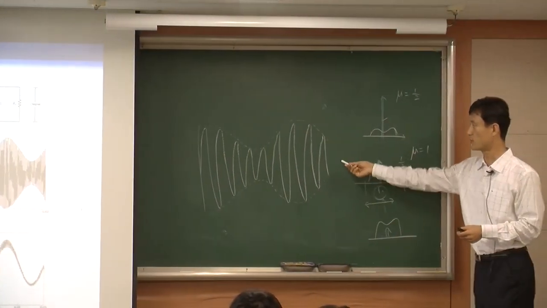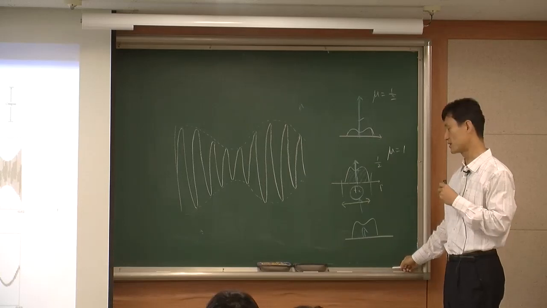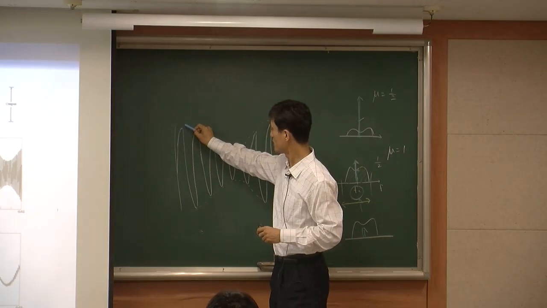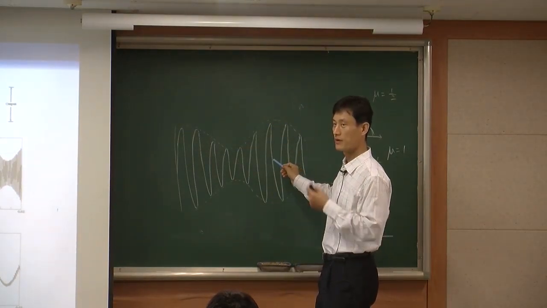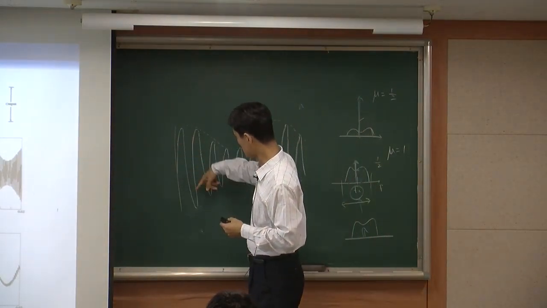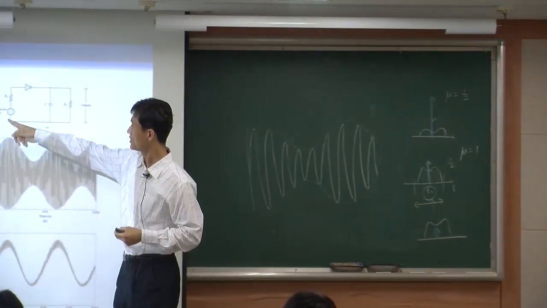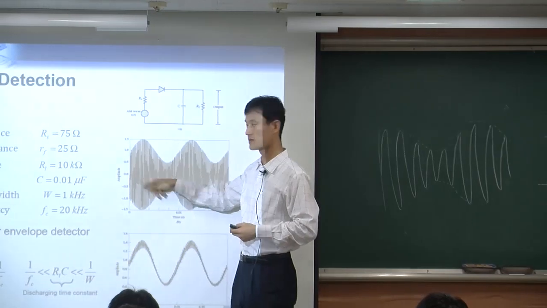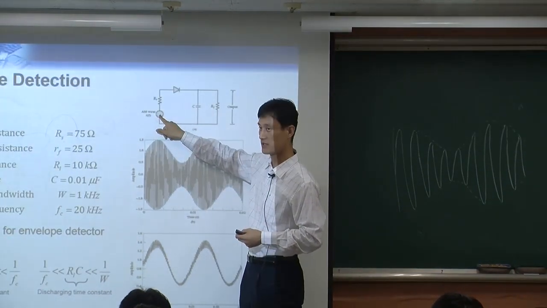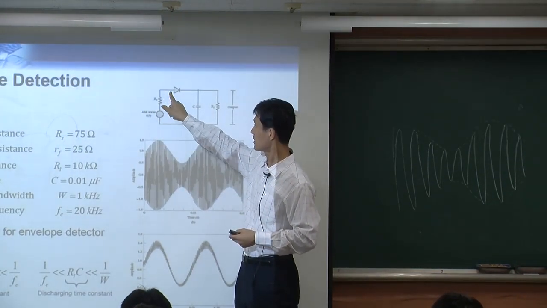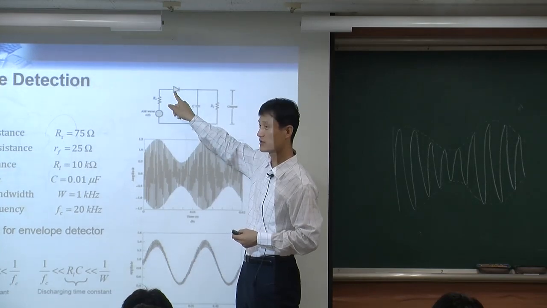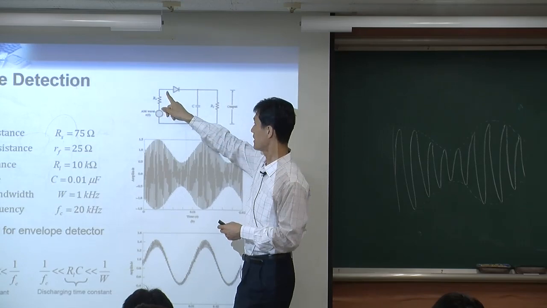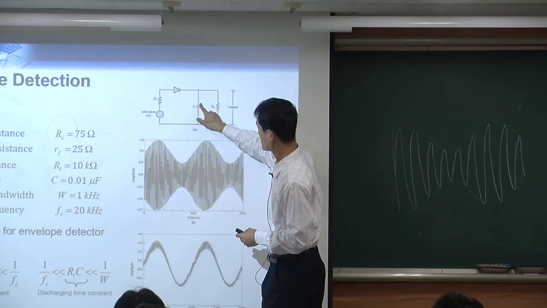This is what we transmit and this is what we receive. From here, we want to recover this envelope. How to do that is this signal now comes into here. You see the AM wave. This is where you receive this signal, and it goes into here. Since we have a diode, it does not go back. It only goes forward. And now here we see the capacitor.